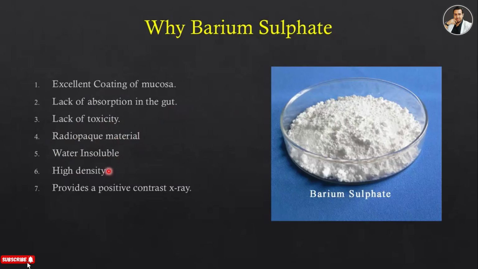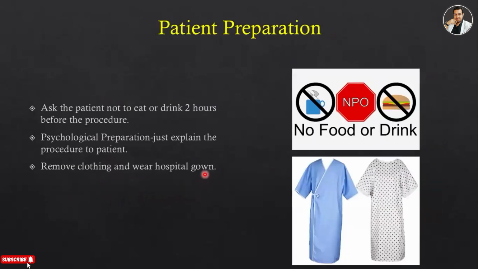Barium sulfate has high density, and that's why it's a radiopaque material and provides a positive contrast X-ray. But if we need negative contrast, then we use air or a gas producing agent. So go to the next slide.